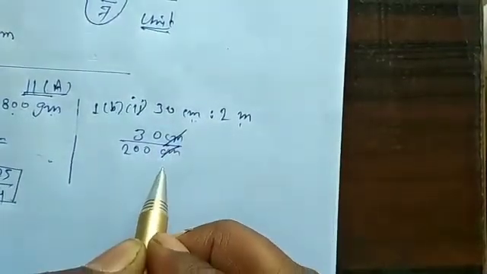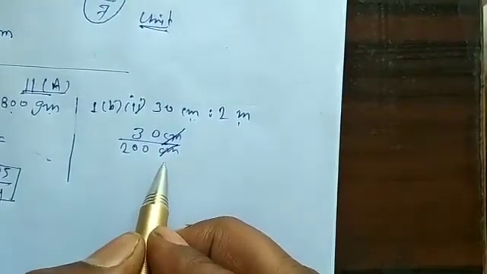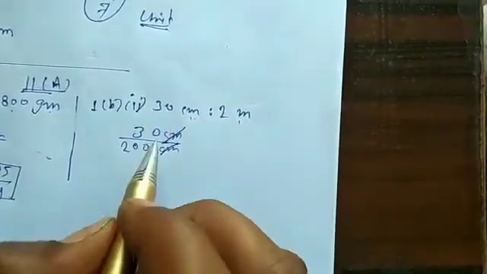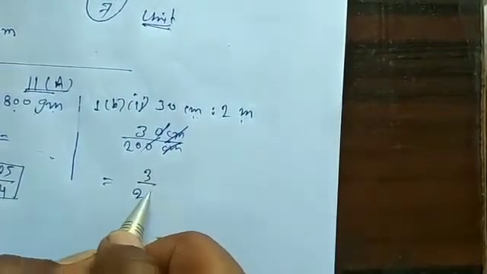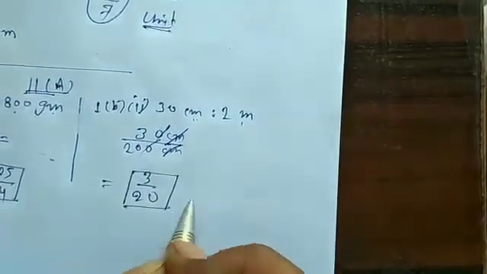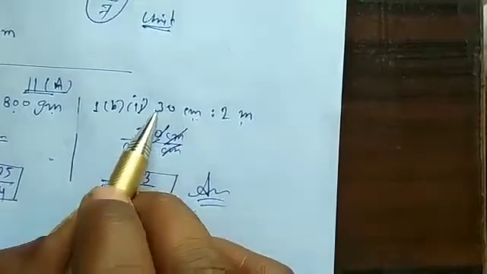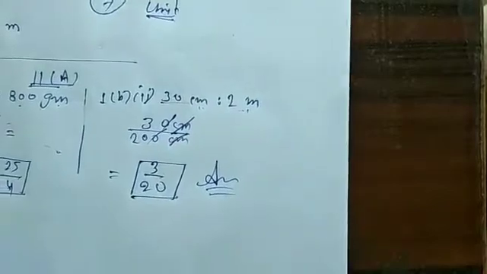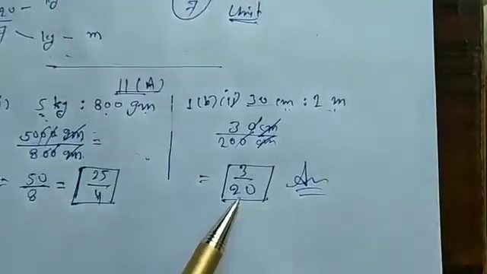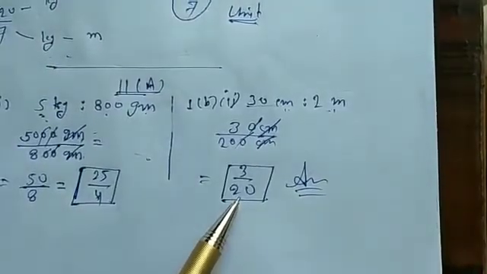Both the units are cancelled, so ratio has no unit. 0 0 will be cancelled there. This will be 3 upon 20. This is the lowest form of these quantities. It means this is the form of ratio.